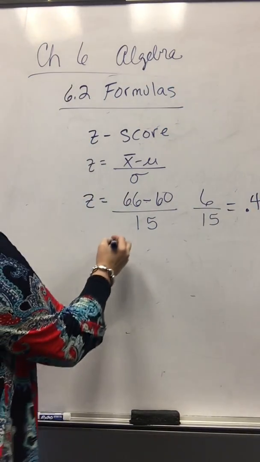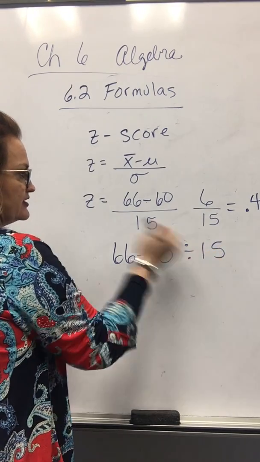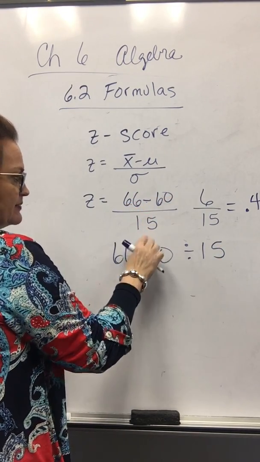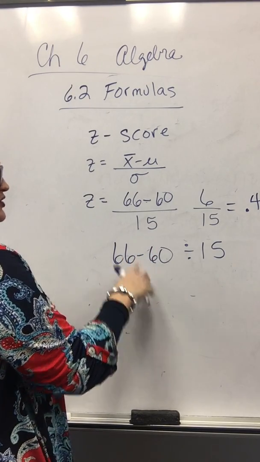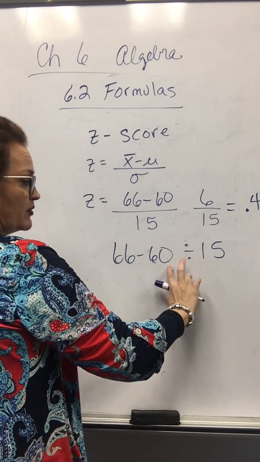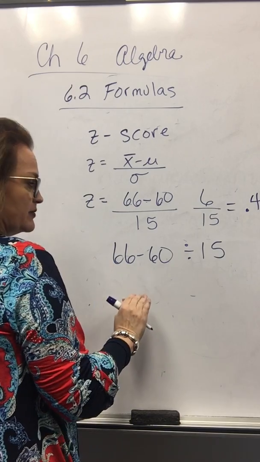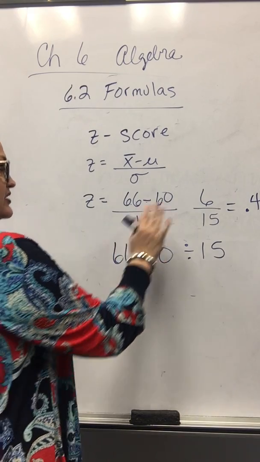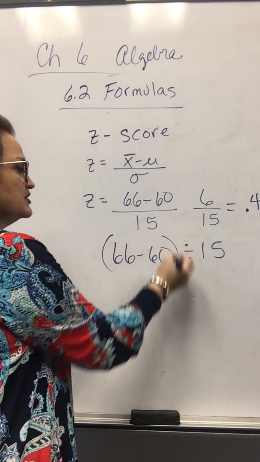Here's the mistake I see sometimes online. If you type in your calculator 66 minus 60 divided by 15, just like what you see, your calculator doesn't know that you were supposed to do the numerator first. It would use order of operations, do the divide, and then subtract that from 66, which would not be right. So you need to tell your calculator if there's a numerator operation or a denominator operation to do that first.